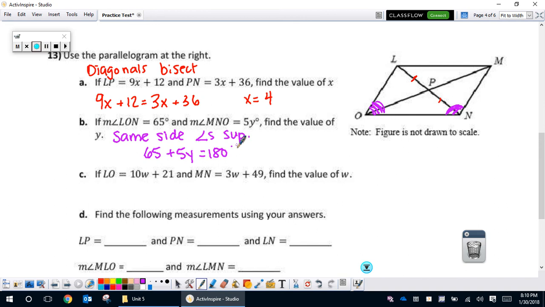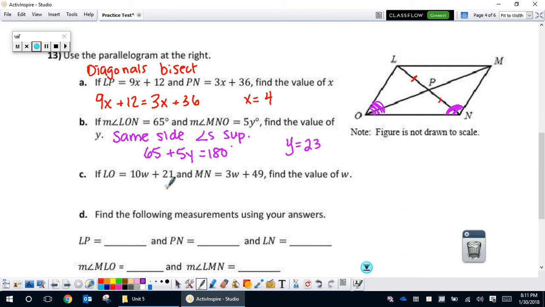So 180 minus 65 divided by 5. Whoa, that's not right. Got y equals 23. But I don't think that's right. Let me just do another double check. 180 minus 65 divided by 5. Ah, I'm right.